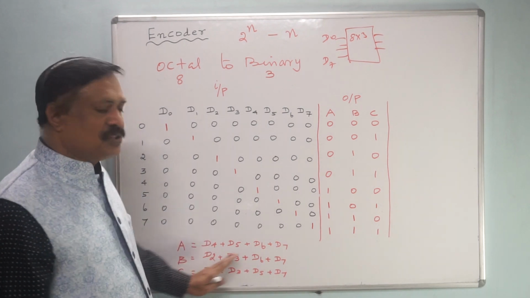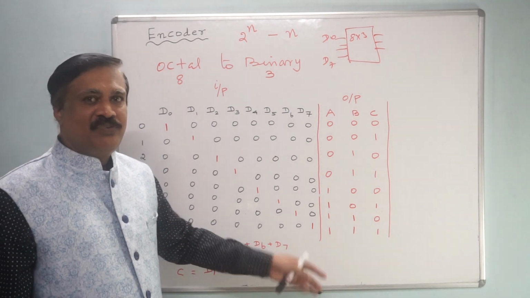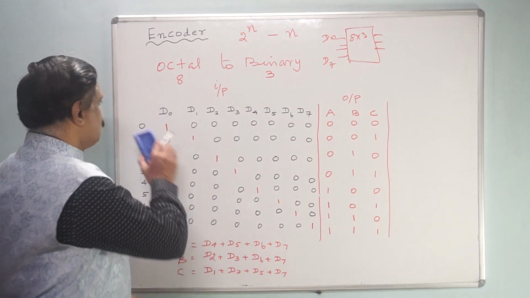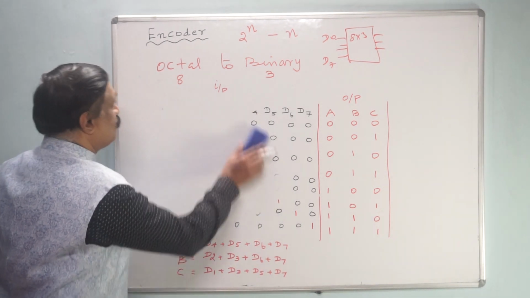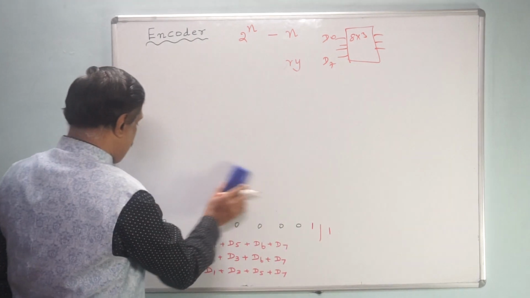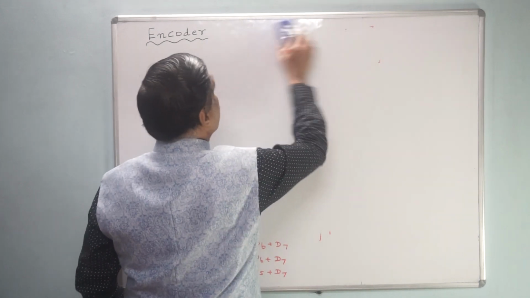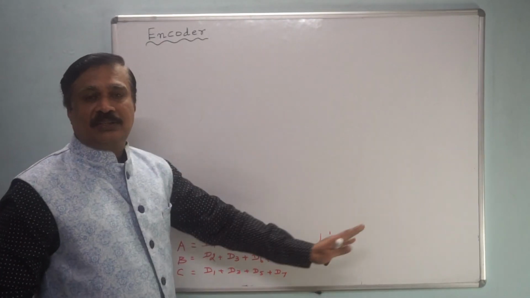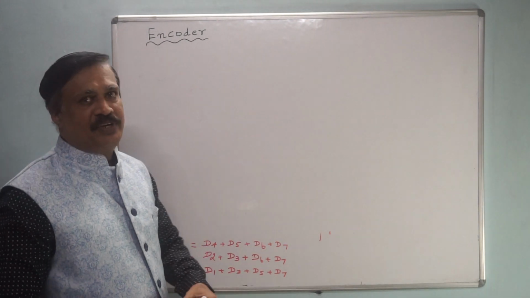Now we have formed 3 equations. After that, it is very simple. You have to design the circuit for that. Okay, I erase this. The circuit is very simple. Now, how to design? How many inputs are there? 0 to 7 inputs.